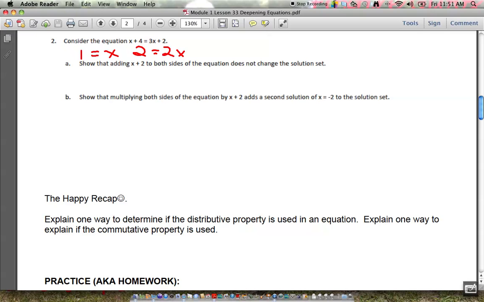Okay, now, starting with x plus 4 and also 3x plus 2, what we want you to do is add x plus 2 to both sides. In other words, you're going to add the same thing to both sides. Now, solve that equation and show that x still works out to be 1.